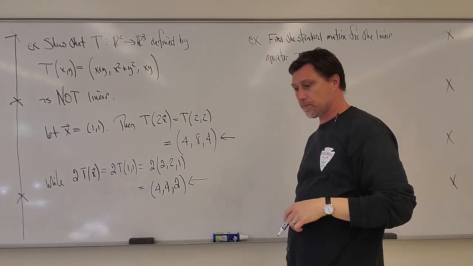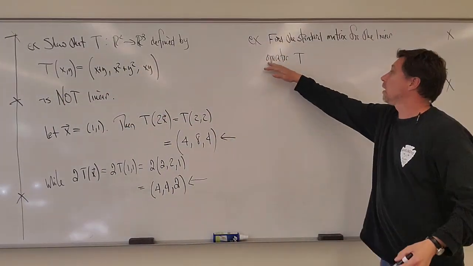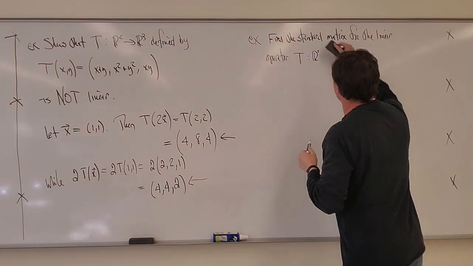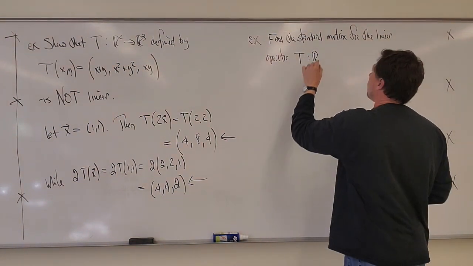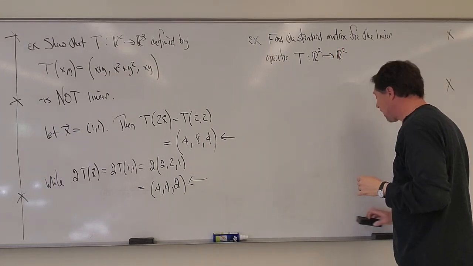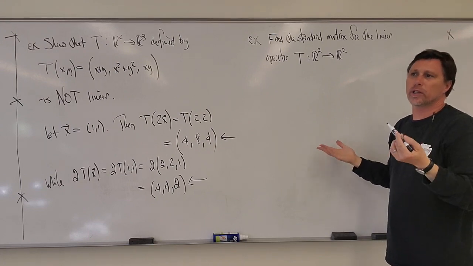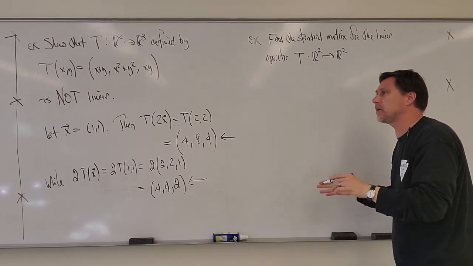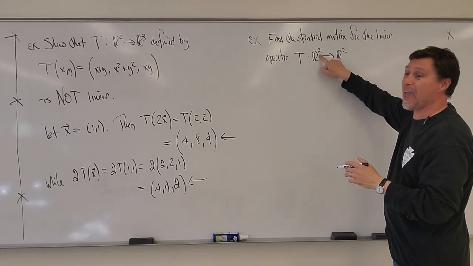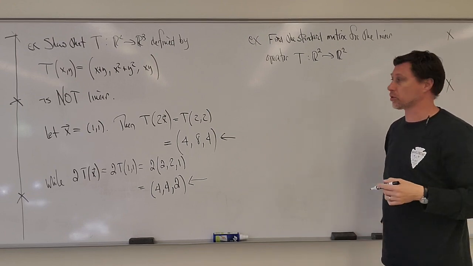Call it T. Now remember what operator means. It's going from R2 to R2. Anytime that these superscripts match right here, it's just another word for linear transformation. So linear operator means linear transformation where the domain and the codomain, Rn and Rn, have the same superscript.